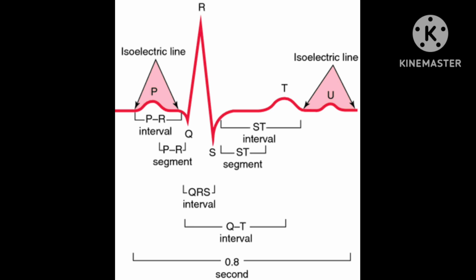I will discuss further. It works on the principle that a contracting muscle generates a small electric current. This is the main thing. A contracting muscle generates a small electric current that can be detected and measured through electrodes. Actually, in our body it produces volts.